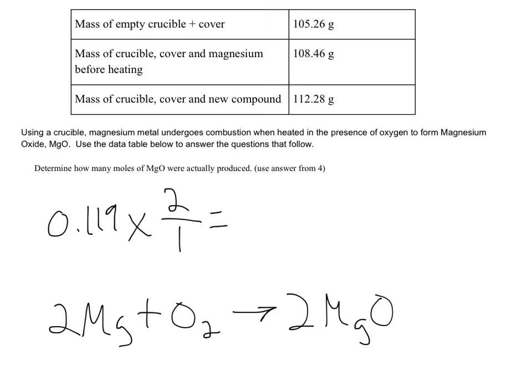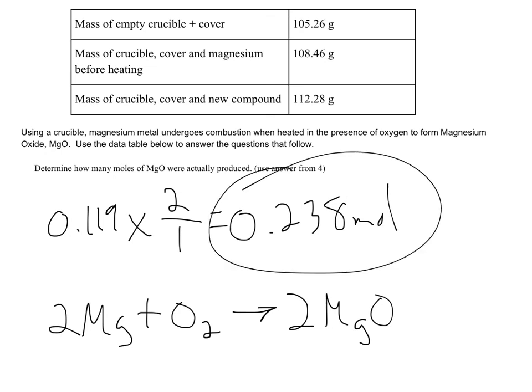Well, then we would have 0.238 moles of magnesium oxide. Okay, so that's, again, how much we should have gotten, based on the amount of oxygen that was used.